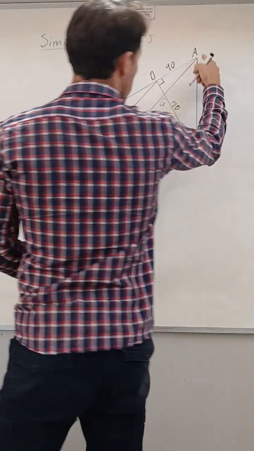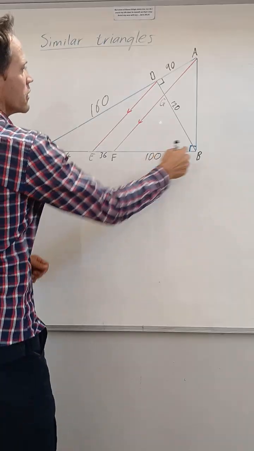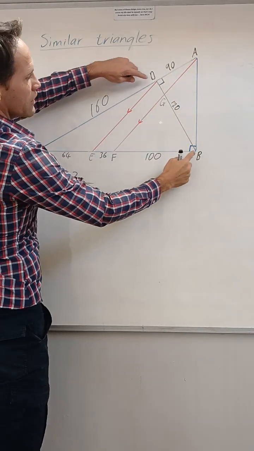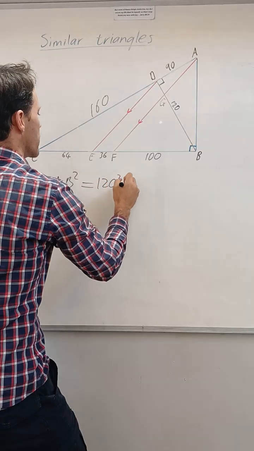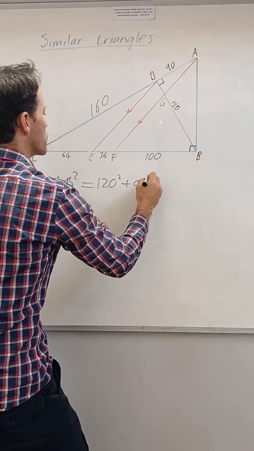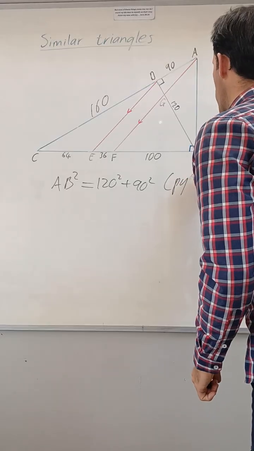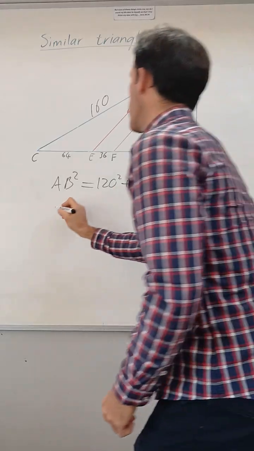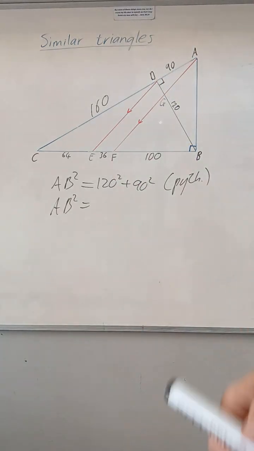But we're first going to need AB. So we're going to say AB squared is equal to the 120 squared plus the 90 squared. So we're going to use Pythagoras again, in this triangle. And then we can get AB squared and find AB.